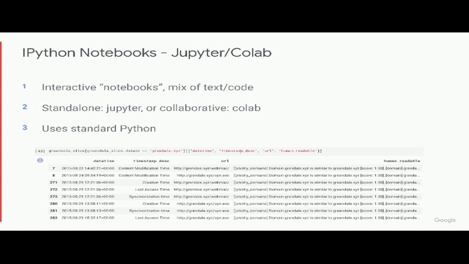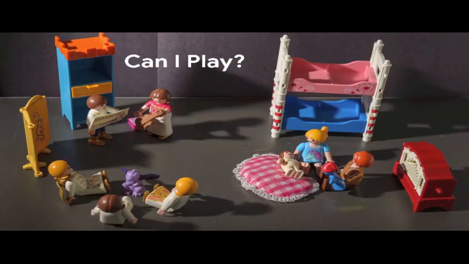So we have Jupyter, which is basically the continuation of the old IPython notebook. And then we have other variants out there like Colab, which is built on top of Google Drive and allows collaboration, and there are many others. It basically uses standard Python, which means you kind of have to know Python to be able to use it properly. But that's about it.